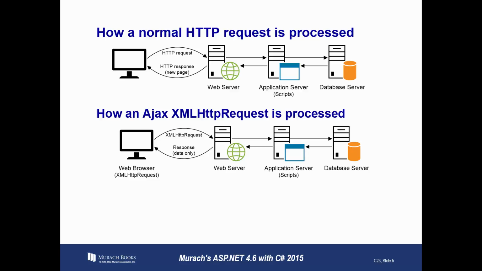One of the reasons that this is so important is, again, it is a new way of doing things. So they show here on the top part of the slide how a normal HTTP request is processed. We've talked about this before, the request response type of architecture. So when a web browser sends a normal HTTP request to a web server, the server returns an HTTP response that contains the content to be displayed for the page.